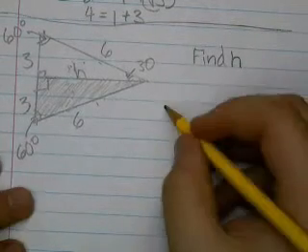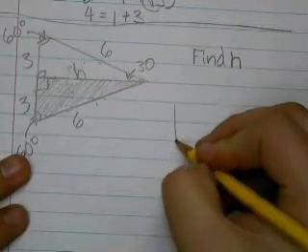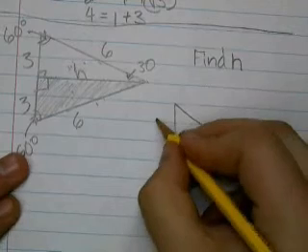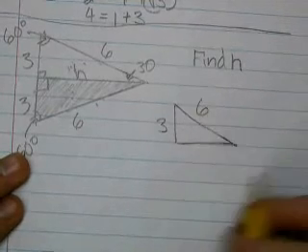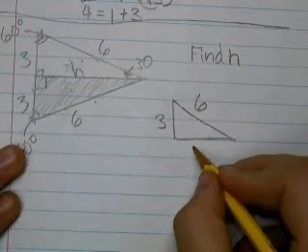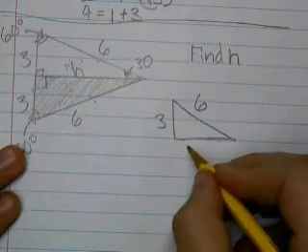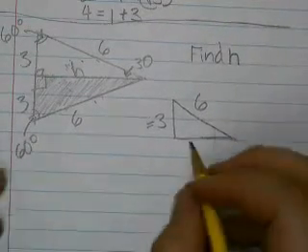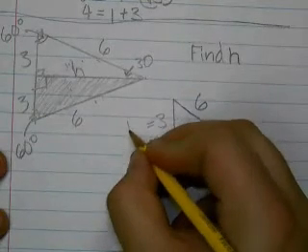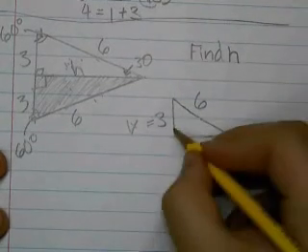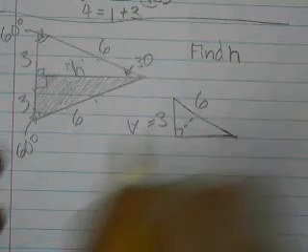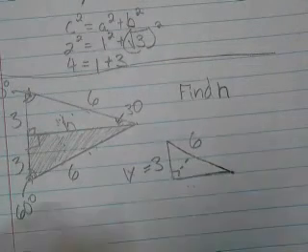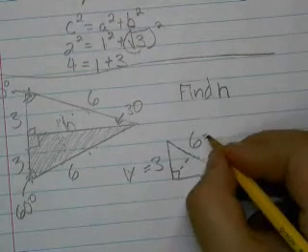So basically, and I'm going to draw this off to the side, I've got a 30-60-90 triangle where this is 3, this is 6, and this is something. This is H. So what is 3? Well, if I remember, 3 is actually 1 times x. The hypotenuse, the side length across from the right angle, equals 2x.